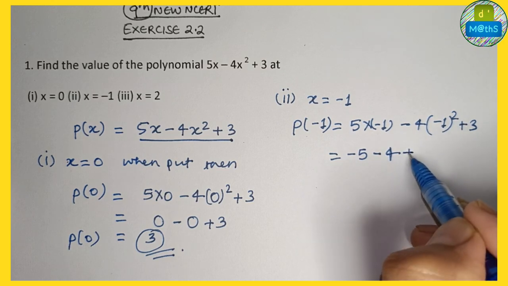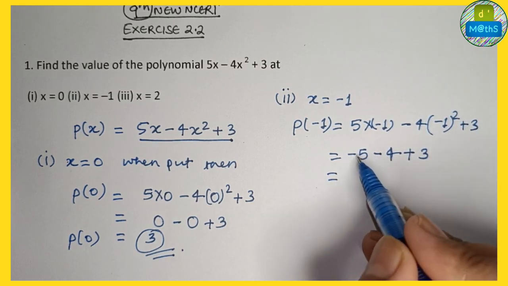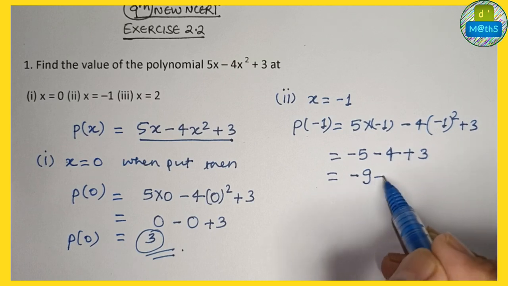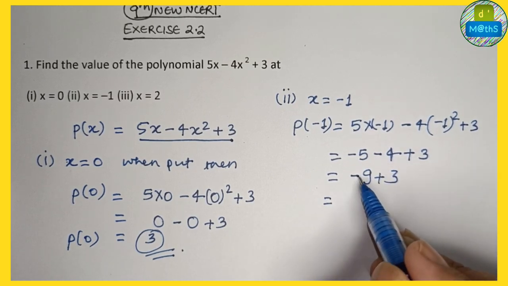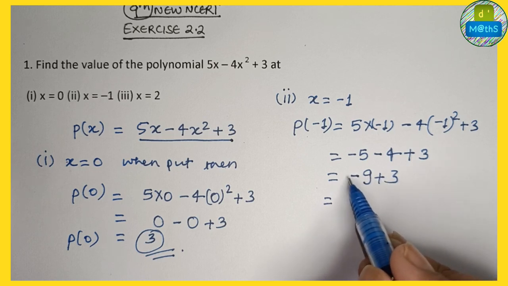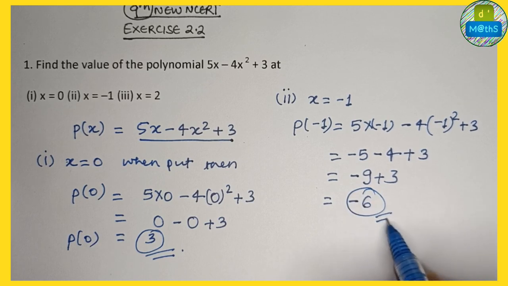So there is a sign of minus, then write plus 3. So minus 5 minus 4, these will add up, and the overall sign will be negative only. So minus 9, and there is a sign of plus 3. So minus 9 plus 3 will be what? Since the bigger term has a negative sign, the answer will be negative only. It will be minus 6 will be your answer.